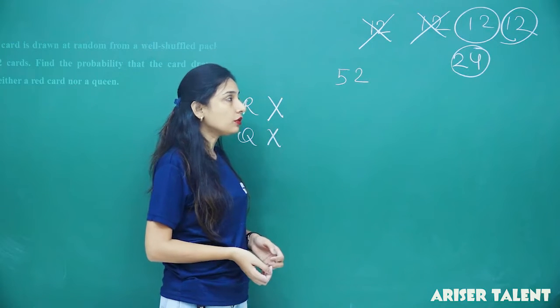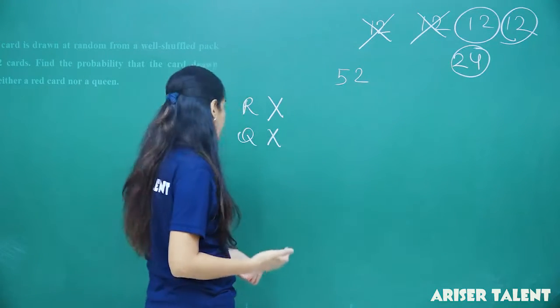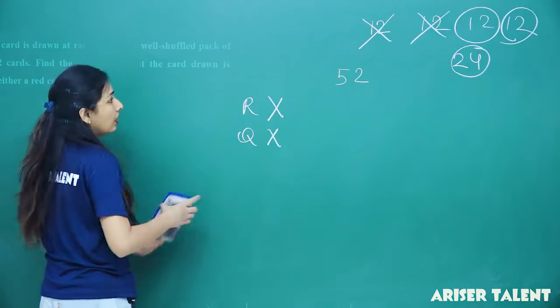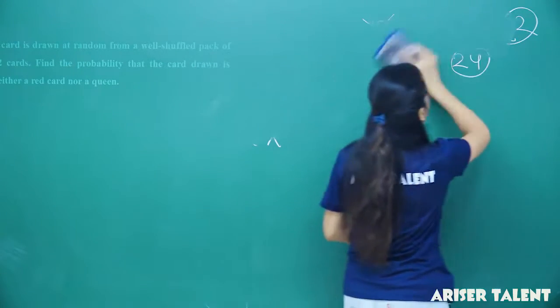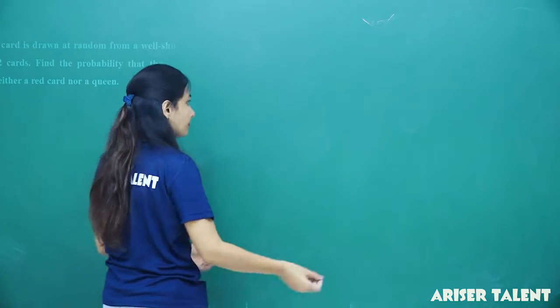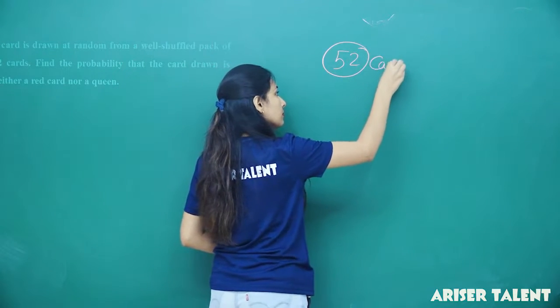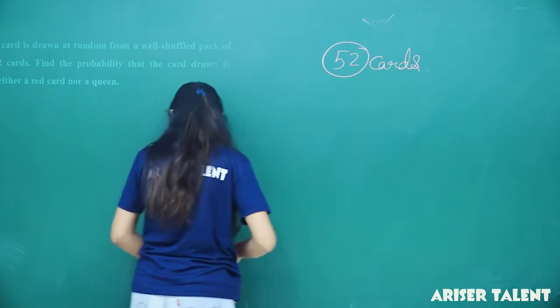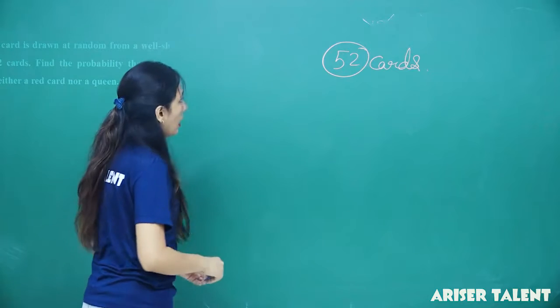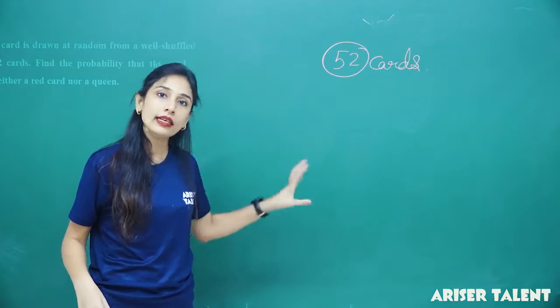But we are not supposed to take cards in examination. So how will we solve that? There is a different approach for that. Okay. So what will we do? We are having 52 cards. Now you will say that, ma'am, we are having 52 cards, but it's saying that remove the red ones.